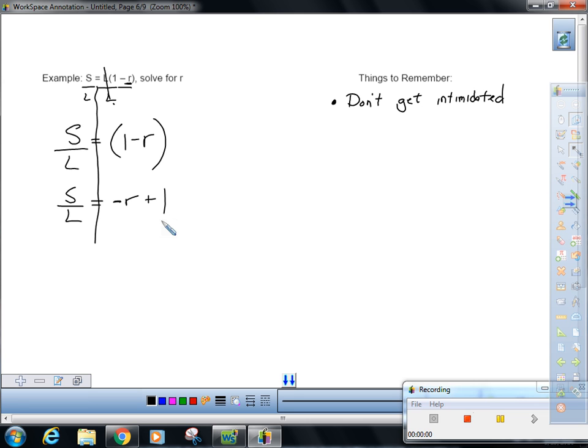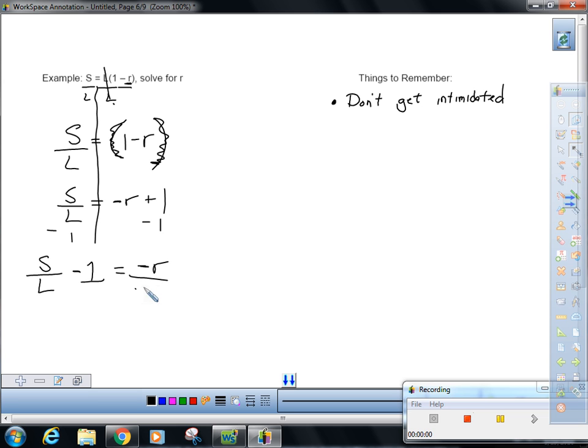So all I've done there is taken away the parentheses and switched the order that those things were being added, if that makes sense. All right, so now maybe that's easier for you to see that I'm going to subtract 1. So you get S over L minus 1 equals a negative r.